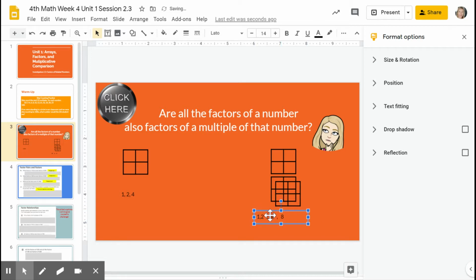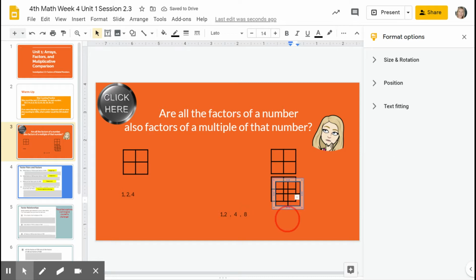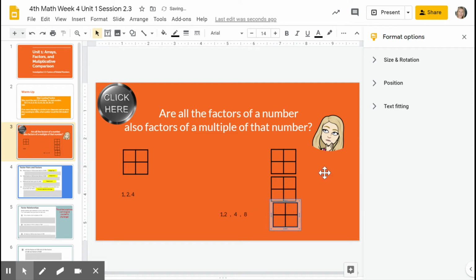Move my text box over. So you should be thinking, if she's adding this third part to make that multiple, and the challenge is real. The challenge is real to move these boxes. So if this were perfectly lined up, this would be my array representing 12.